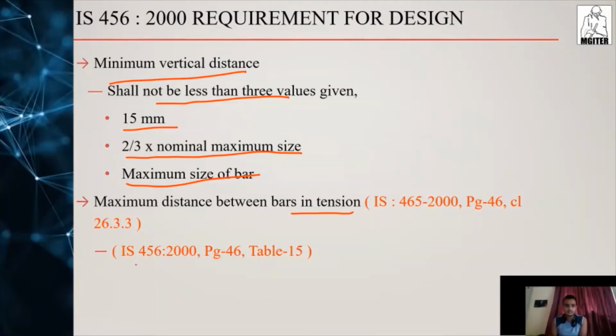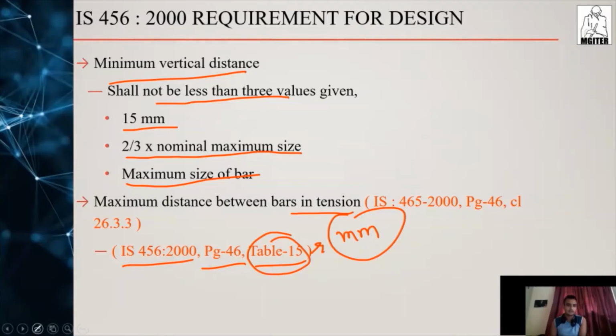For the tension zone, we have to find IS 456 2000, page number 46, table number 15. In the table, we give the spacing in mm. For the maximum distance between bars in the tension zone, we have to follow this table. Understood?